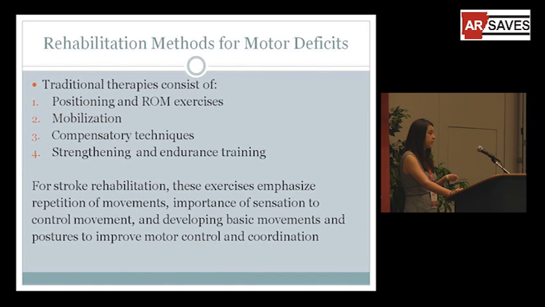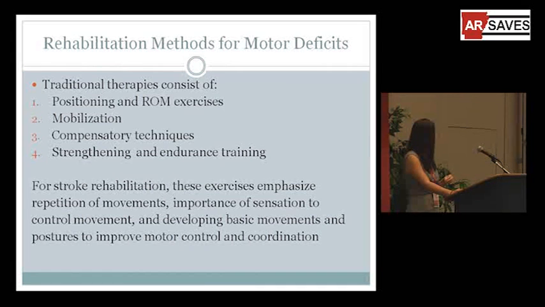Teaching these patients and their family compensatory techniques, using their good side to help feeding or using assistive devices to help with self-care activities is important, as well as strengthening endurance exercises to help build strength in their good limbs, as well as trying to improve what strength they have in their affected limbs as well.